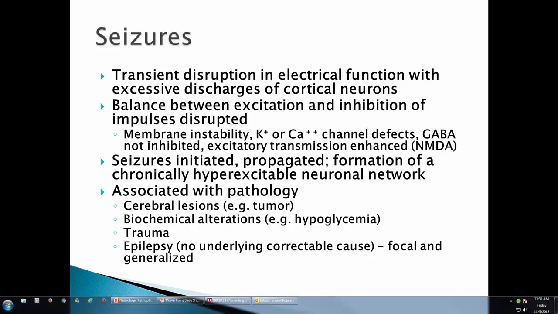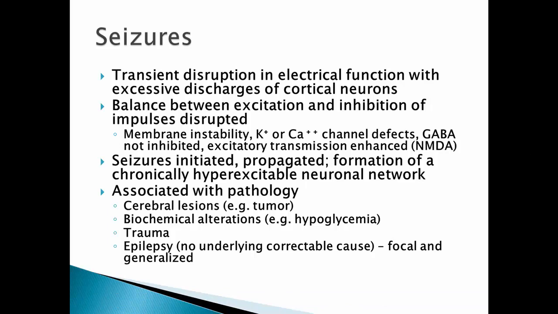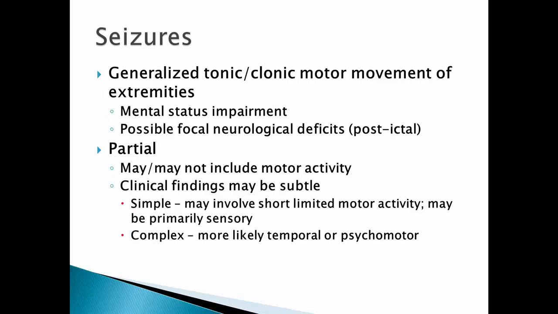So let's take a closer look at a couple of different kinds of seizure. Let's look at generalized tonic-clonic, and let's look at partial seizures. With generalized tonic-clonic seizure, you're looking at tonic-clonic motor movement of the extremities. This is what we'll see in what we traditionally think of as primary epilepsy. We also think about this in terms of febrile seizures.